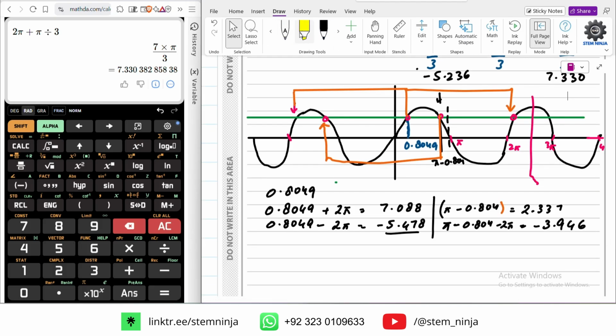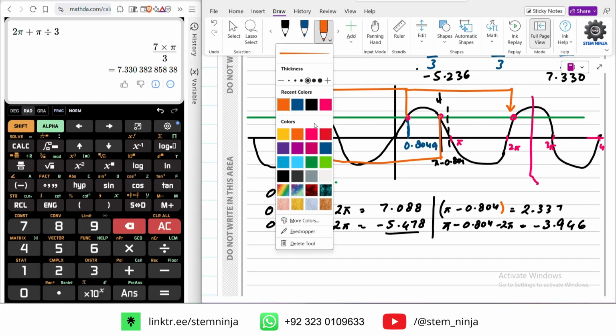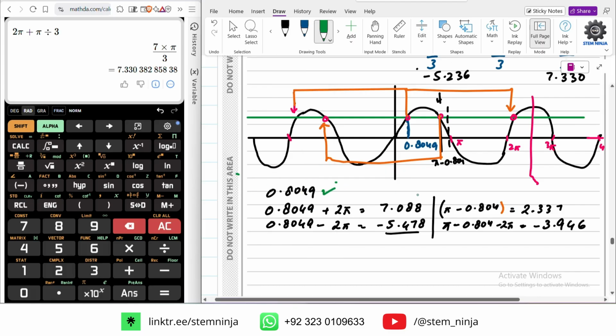Let's use green. Okay, green. So this would be selected, this would be selected, this will not be selected, this would be selected, this would be selected.